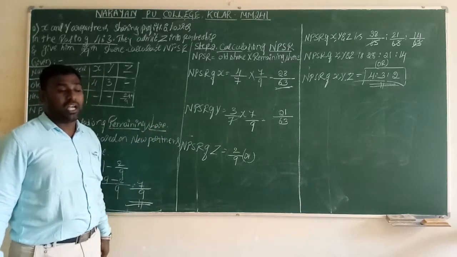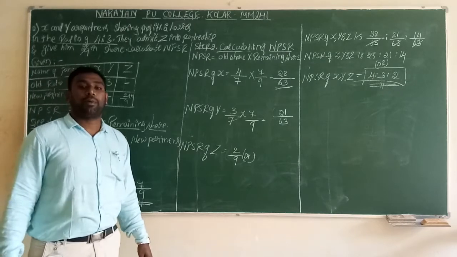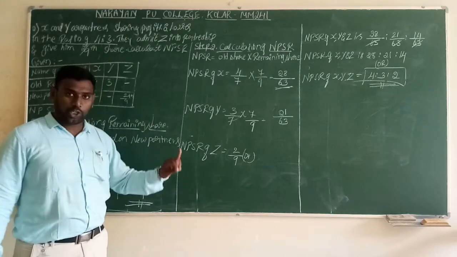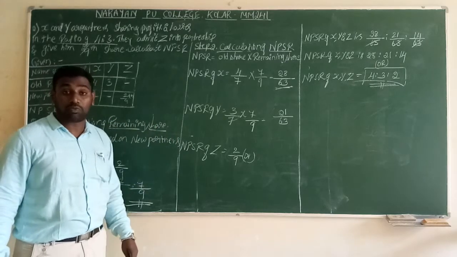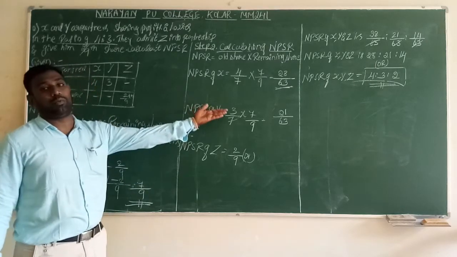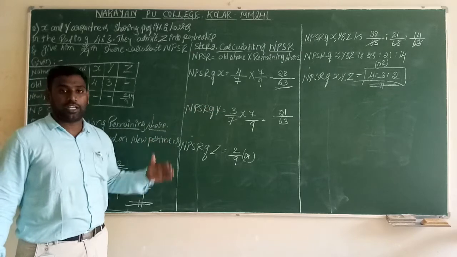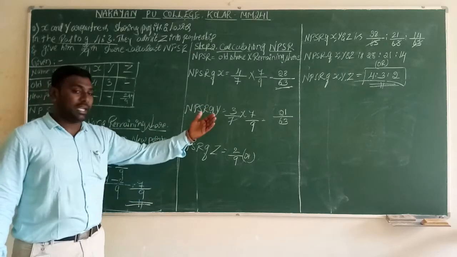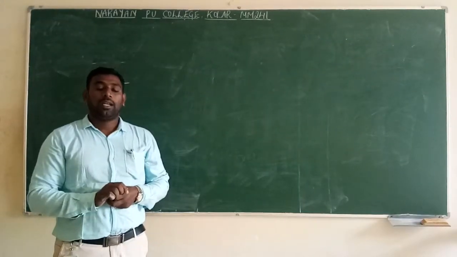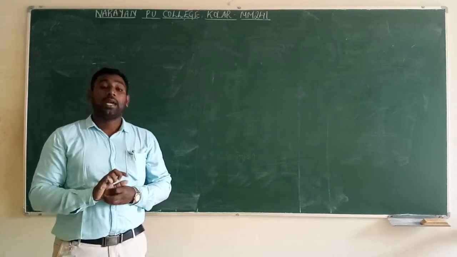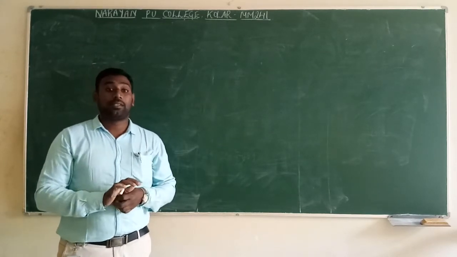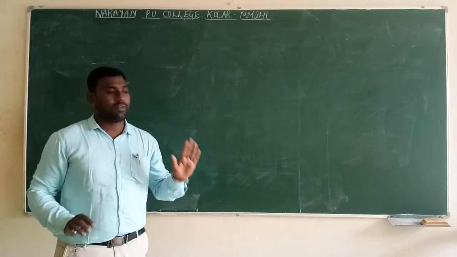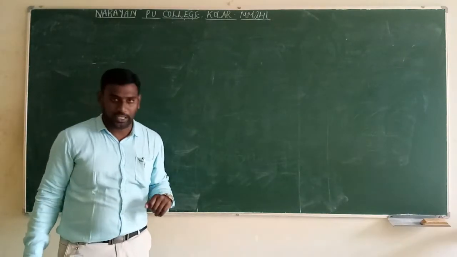Next we move to case number 4, when the old ratio, new partner share and agreed ratio, these 3 things are available. That will be discussed later. This is the last case in which we calculate the new profit sharing ratio.